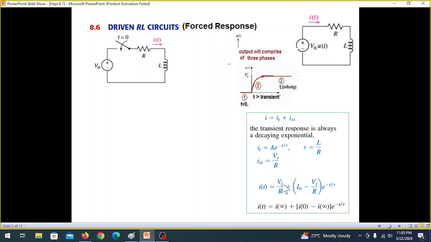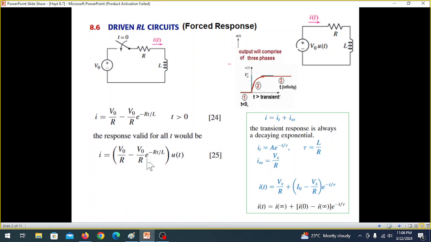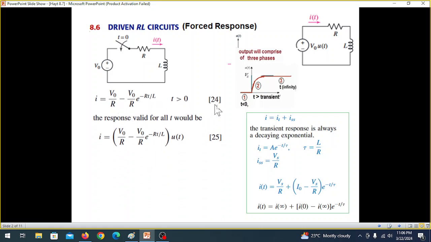In the general form, since this is the current at infinity, this is called I infinity, this is called I0, this is again I infinity, and e raised to the power minus t over tau. Now, what Mr. Hayt has done is he has used these two formulas, and this was very confusing for me while I was solving the example, because the example is using this formula, but the practice problem is not using this formula.